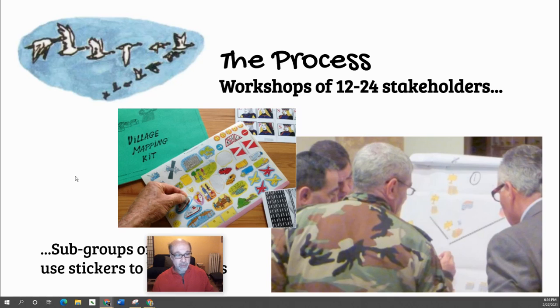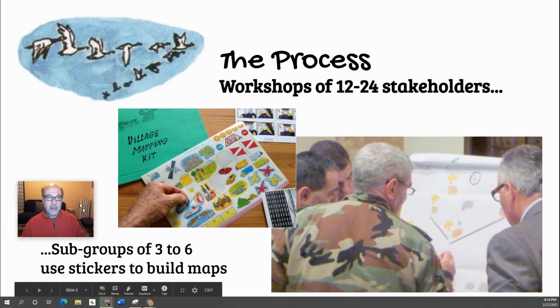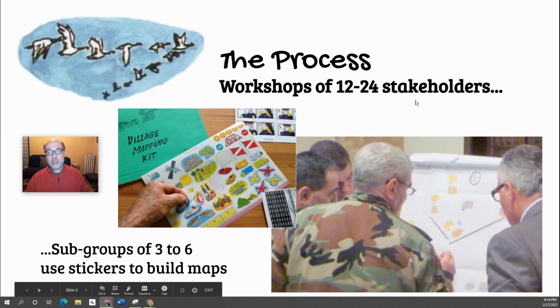But there's a digital format that we'll probably be using. It works well in a workshop of 12 to 24 stakeholders. It can be expanded, but some modifications have to be made.